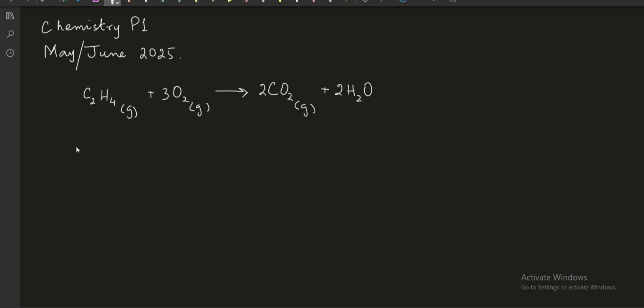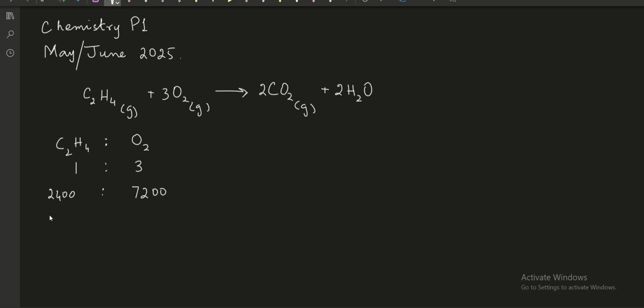Okay, now we see that ethene and oxygen, they react together in a ratio of 1:3. 1 mole of ethene reacts with 3 moles of oxygen, or in terms of volume you can write that 2400 cubic centimeter reacts with 7200 centimeter cube of oxygen.